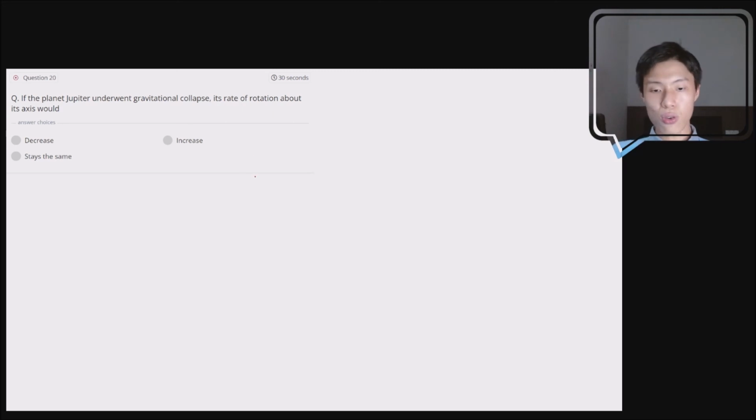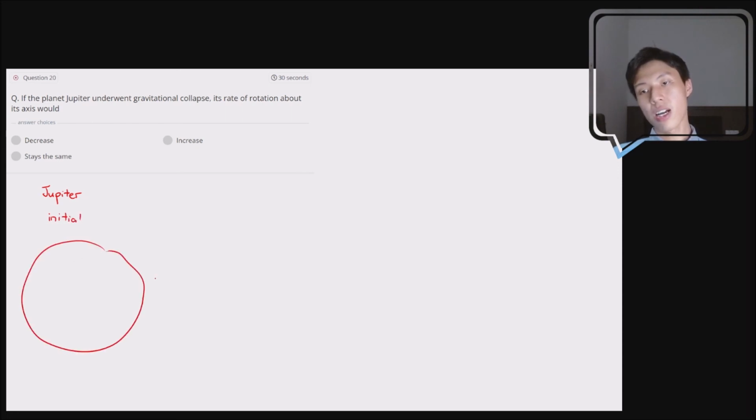Okay, so for this situation here, if you like to draw it, this is the initial situation of Jupiter. Then you can imagine it to be something like this. Through the process of gravitational collapse, the size of Jupiter will become smaller.